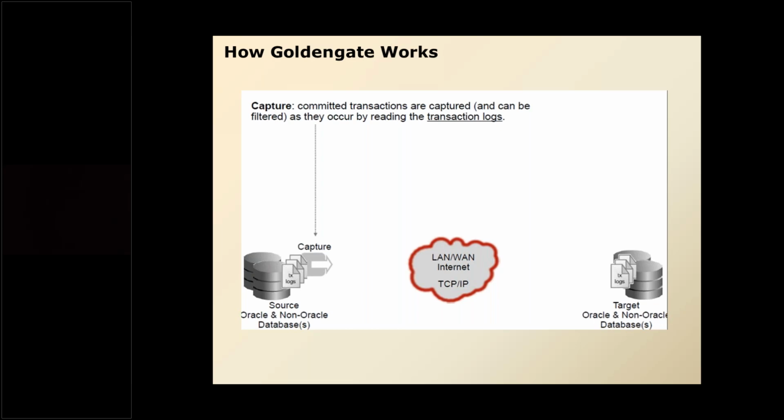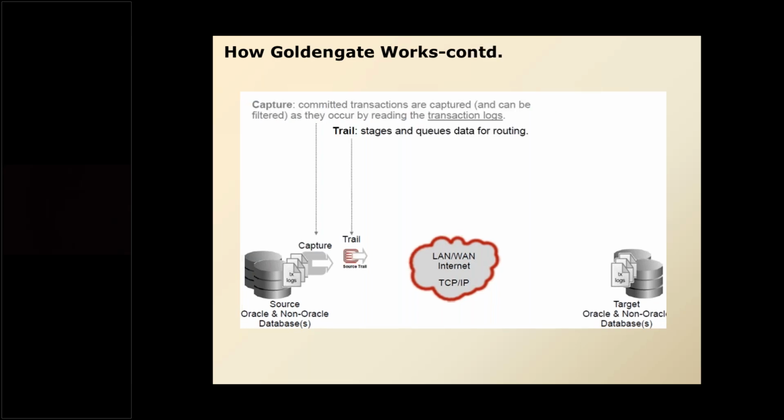Once it captures those committed transactions, it writes them to operating system files, which we call trail files. These trail files are like archive log files, I should say. These are binary format files which reside on your operating system and consume space on it.